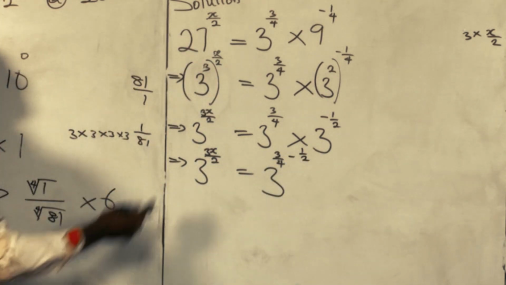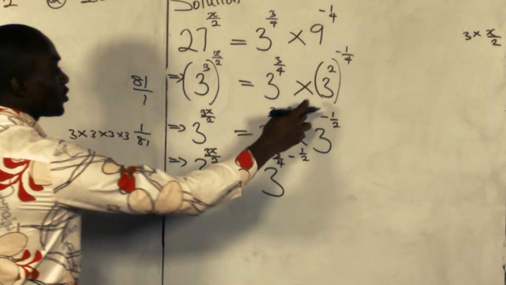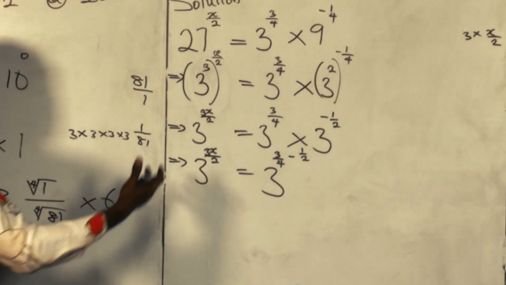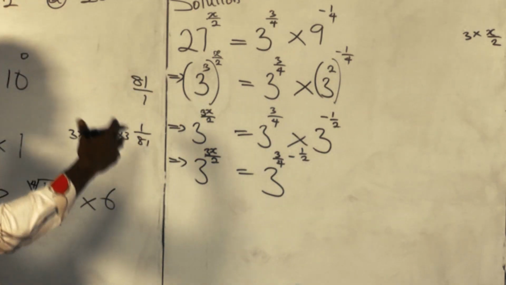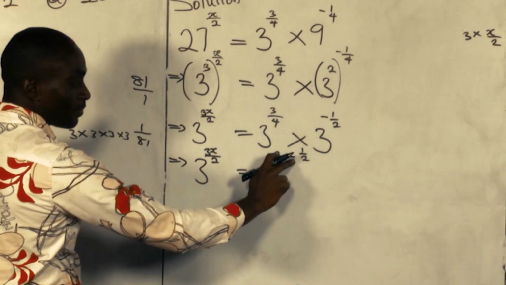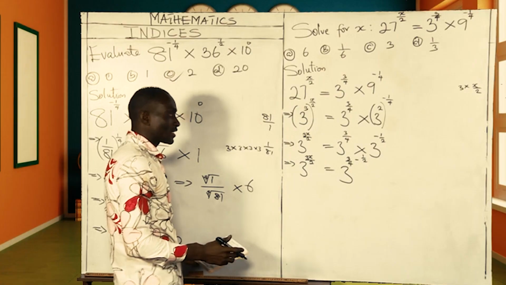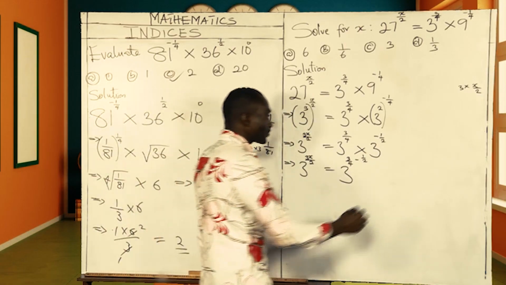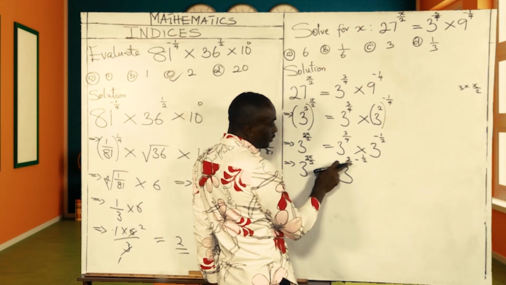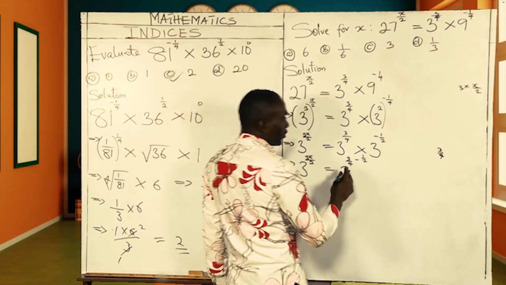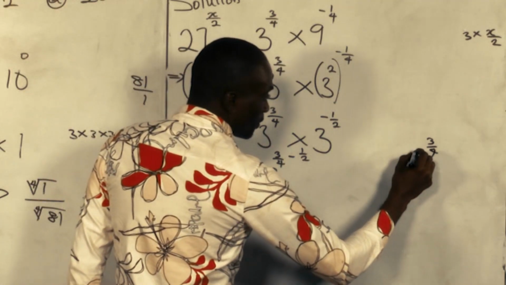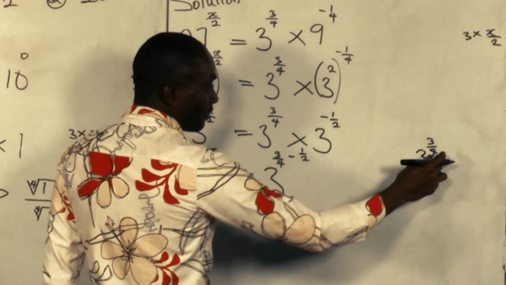You may ask, how is it not plus? Maybe this is a multiplication sign, it's supposed to be plus. Yes, it's going to be plus, but because of minus 1 over 2 here, plus times minus will give us minus. That's how I have my minus. If you don't understand, let's do it this way. It's supposed to be 3 raised to the power 3 over 4, right?